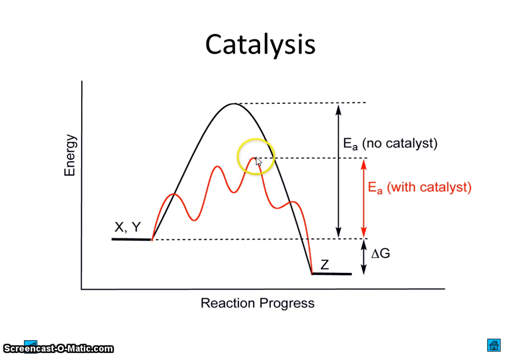The total amount of energy needed to overcome the energy barriers for those steps is a lot less than the activation energy with the uncatalyzed reaction. As a result, many more of the collisions between the reacting substances have sufficient kinetic energy to react, and the reaction therefore happens faster.